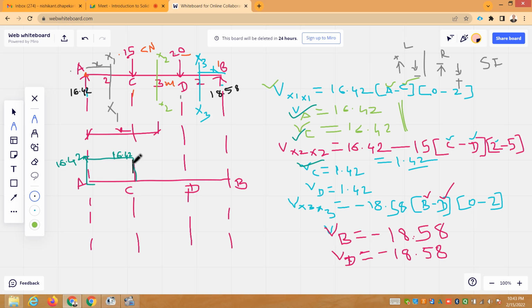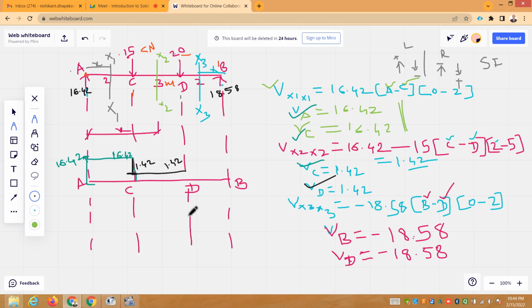This is 1.42, this value. So now this value is 1.42 and same value at D also. So this will continue like this. This value here will also be equal to obviously 1.42.